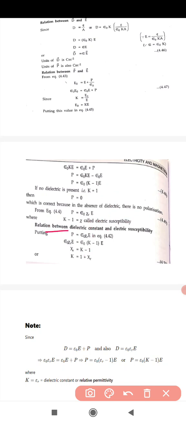Next, this is the relationship between dielectric constant and electrical susceptibility.